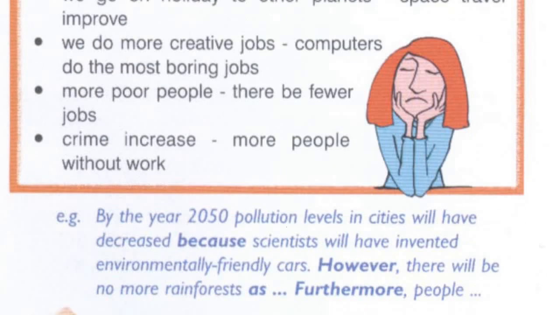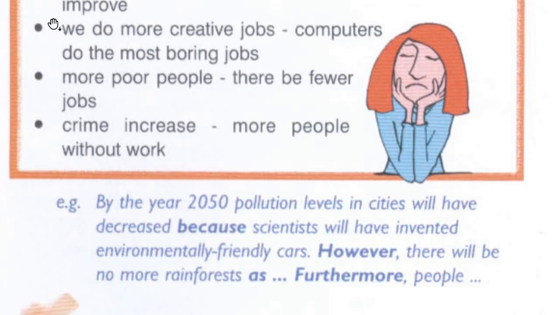Look at here. Look at the example here. We are using because in the middle, or since, or as in the middle of two sentences. Starting from here. Look at here. The pollution in cities will have decreased. This is the first sentence, because is in the middle. Because in the middle you don't have any punctuation, no commas.